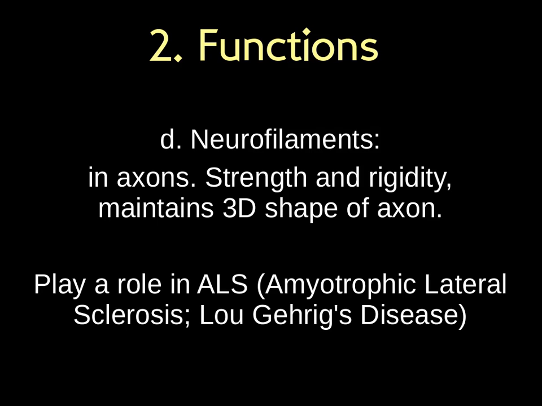Now, some axons in you are incredibly long. You have some axons in some nerves that are about a meter long. That's a really long cell. They travel from your head, and some of them travel all the way down to your upper leg area. The ones that travel down to the bottom of your feet actually come from the base of your spine.